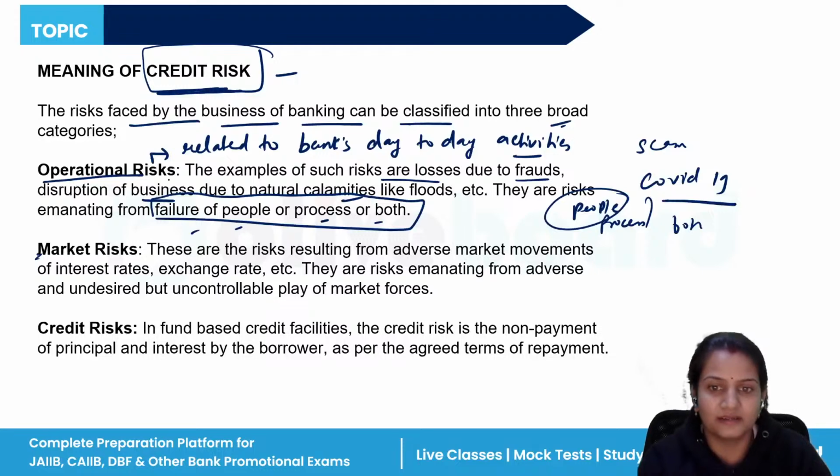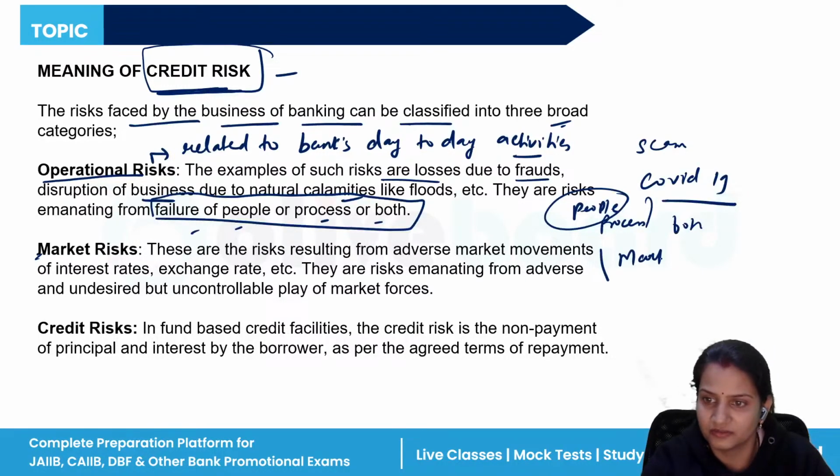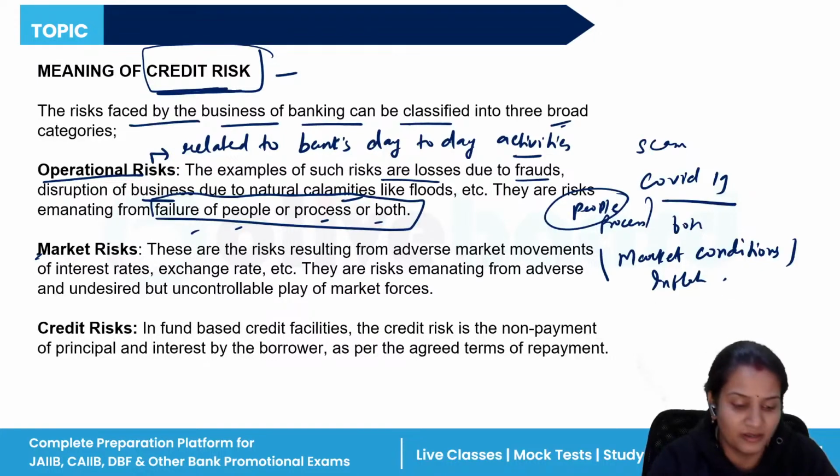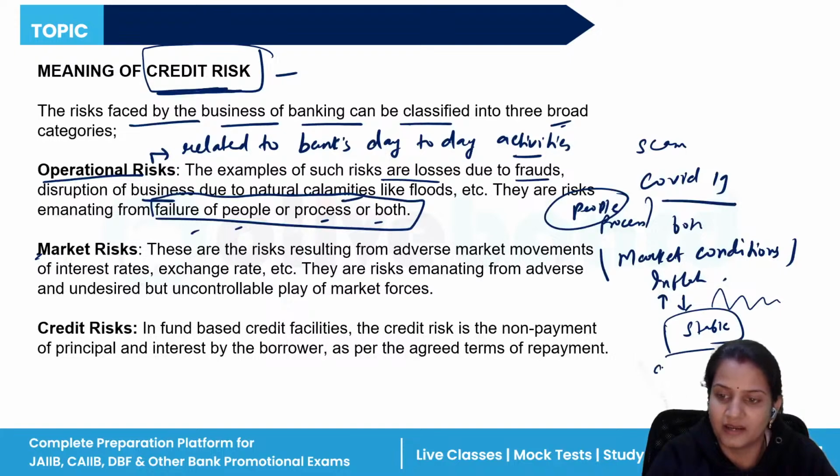Now, what is market risk? This risk basically comes from the market conditions. This emerges from market fluctuation like inflation, deflation, interest rate, exchange rate, currency rate. Sometimes it is high, sometimes it is low, meaning it is not stable, it is dynamic.